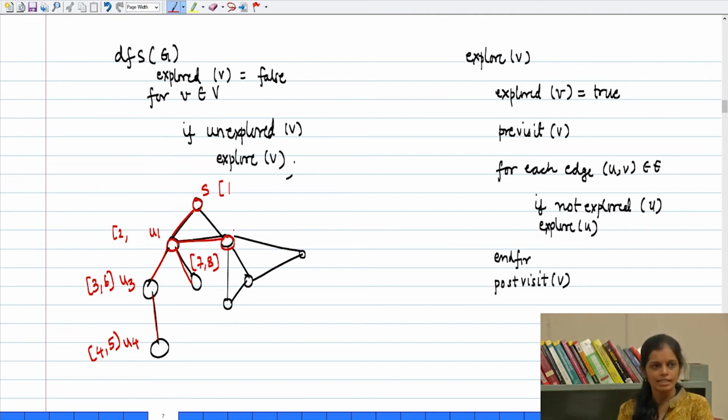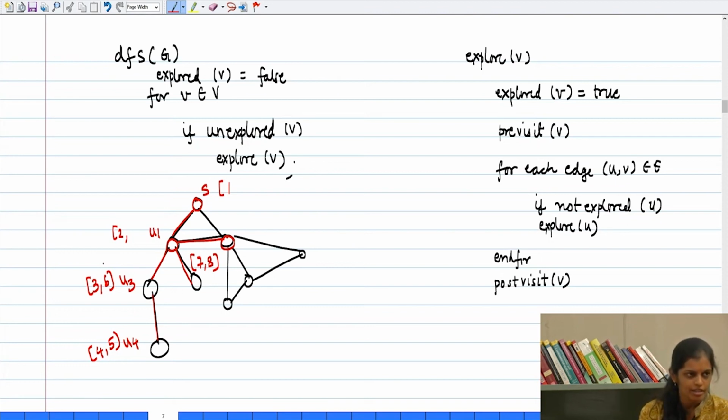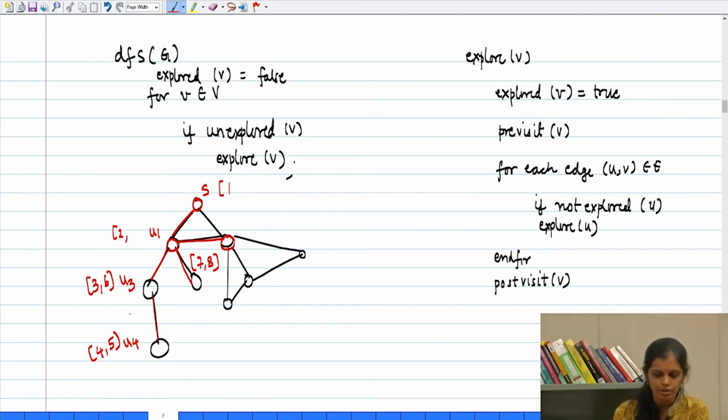Now, just as in the case of BFS exploration, there will be tree edges and non-tree edges. There is no layer numbering now, but you could also think of layers. So you can think of U1 being in layer 1, U2, U3 being in layer 2, U4 being in layer, and so on, I plus 1 layer.